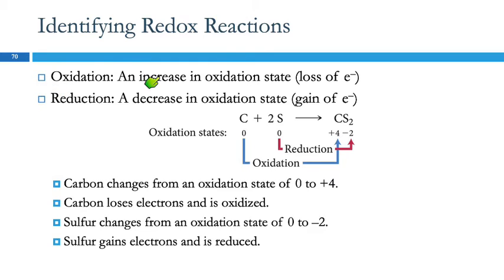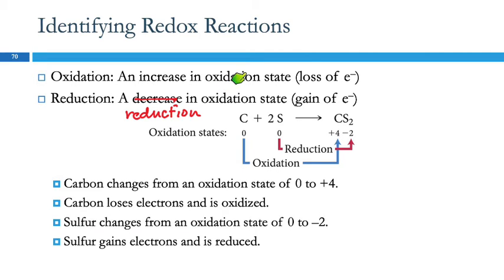So oxidation is an increase in the oxidation state. Reduction is a decrease in the oxidation state. Or we could say reduction is a reduction in the oxidation state. The oxidation state's going down, it's being reduced. Oxidation state going up, it's being oxidized.